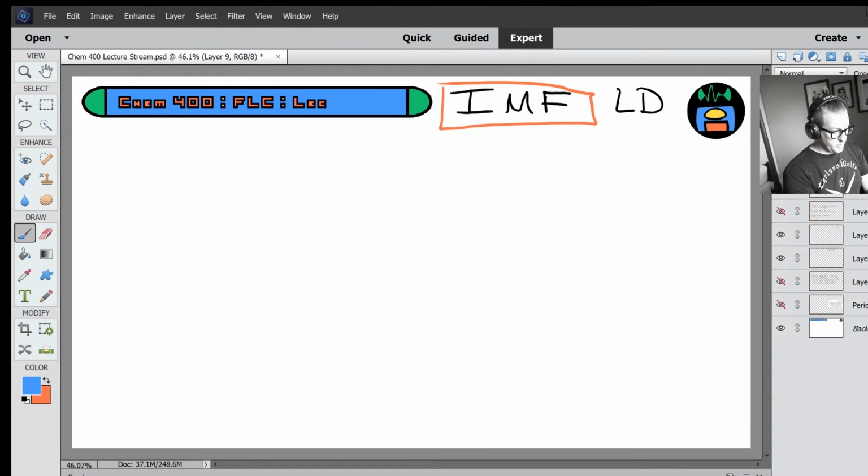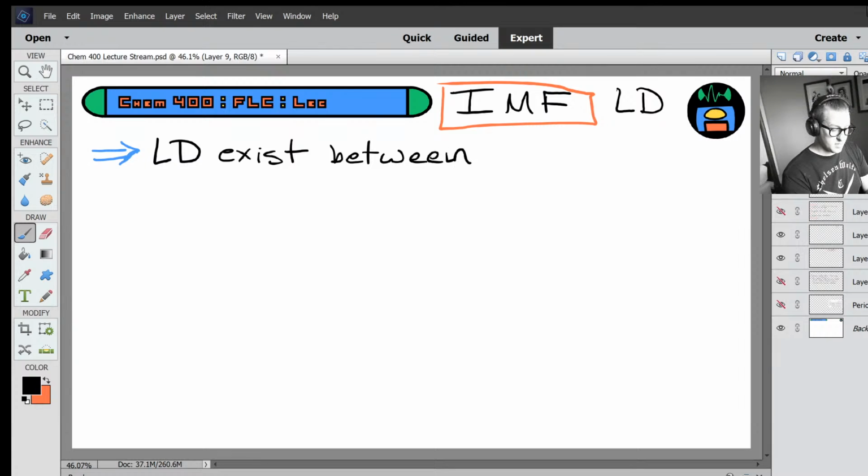All right. So London dispersion forces are experienced, or I should say exist, between any two species with electrons.